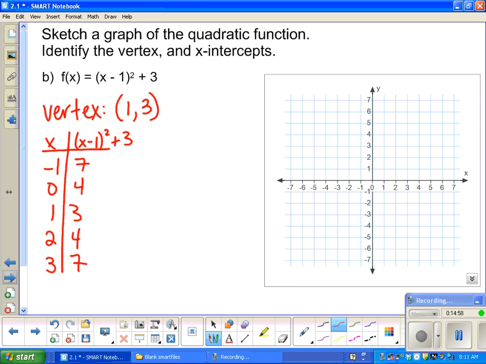And I do the math with the other ones, just to make sure that they're a reflection over the vertex. Okay, so let's graph this. -1, 7, 1, 3. Okay, it's my vertex. 0, 4, -1, 7. Then we've got 2, 4, and 3, 7.